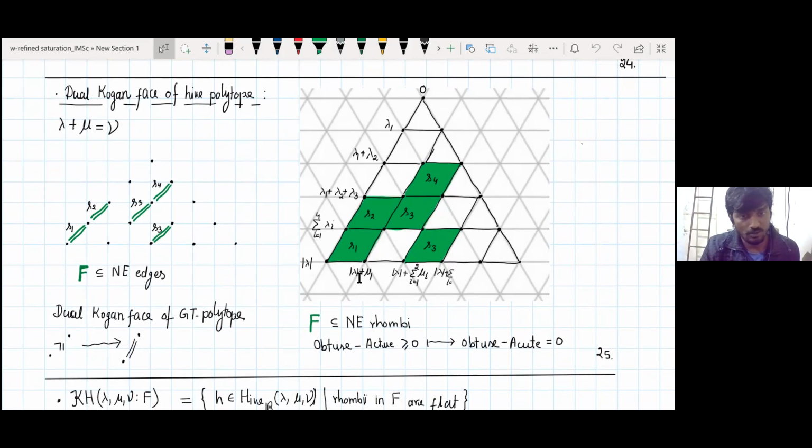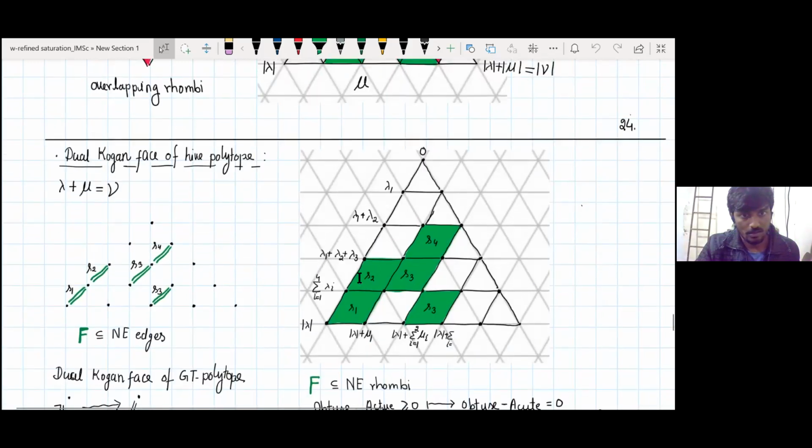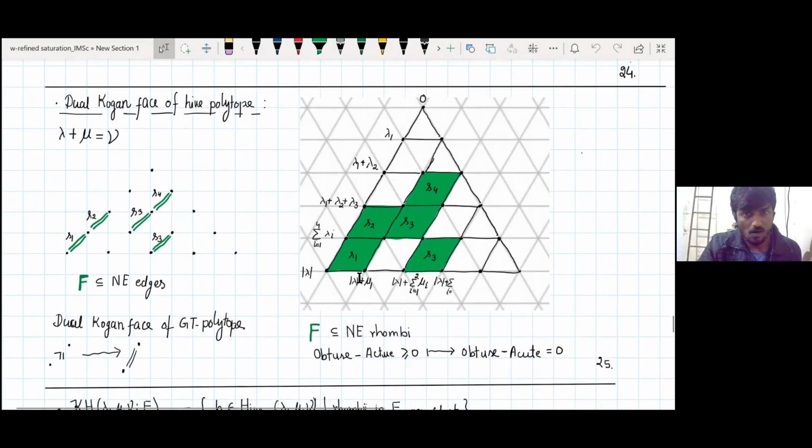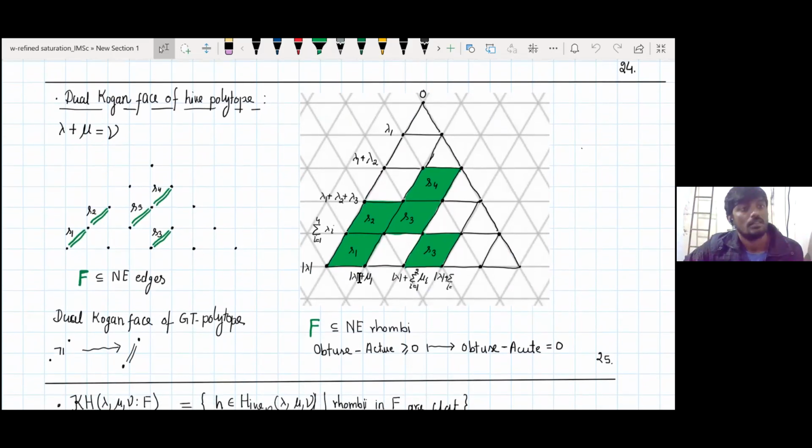This 312 avoiding permutation is working because if you take a Kogan face, we are putting the W naught. But are there examples of non-312-avoiding permutations that still have saturation? We are hoping to prove that, because I have searched with Sage and everything and didn't find any counterexample. So we are hoping to prove that. That's our next aim. Great, thank you.